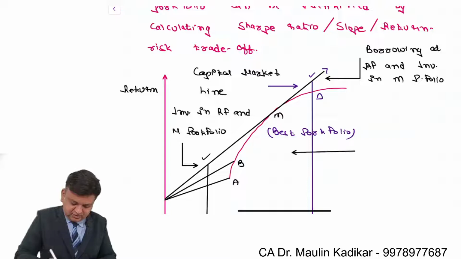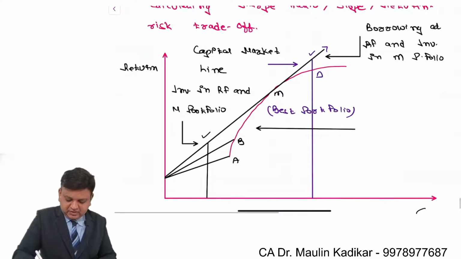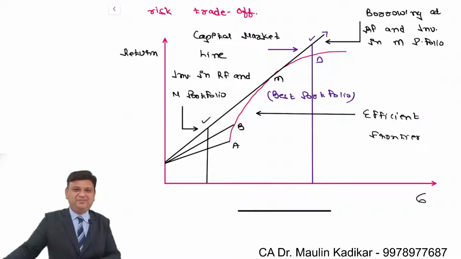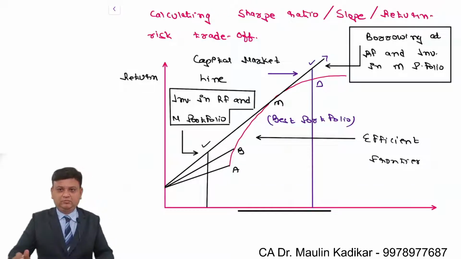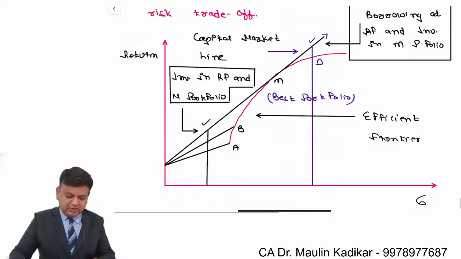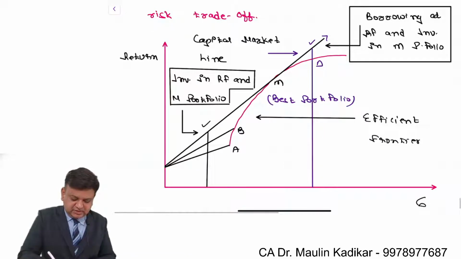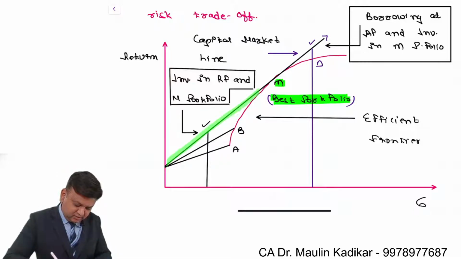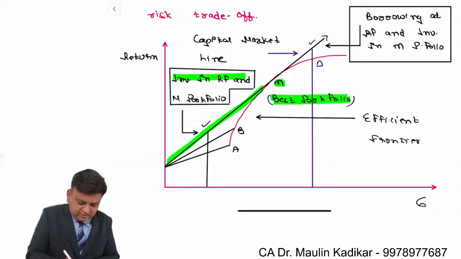This is the efficient frontier. This is the way we can have a small diagram. So here, this is the best portfolio M. This portion is indicating investment in RF and investment in M portfolio.